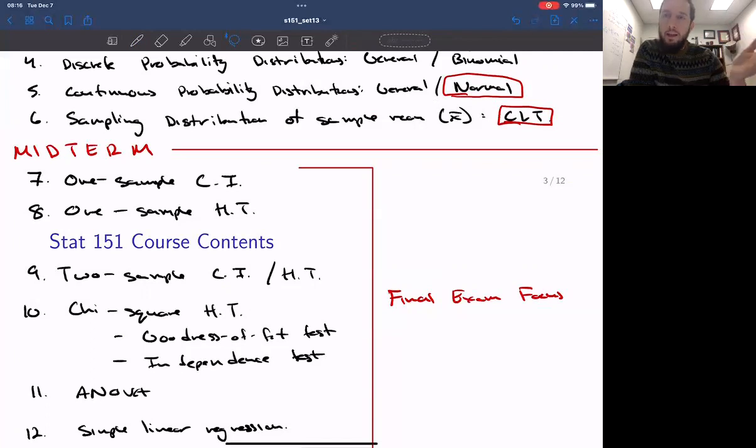So again, the final exam will be weighted towards the second half of the course. It will be focused on testing your understanding of everything from lecture set 7 through lecture set 12. But that does not mean that you can ignore the first part of the course, because if you don't understand the key topics from the first half, you're not going to be able to effectively deal with the types of problems that you're going to see on the final exam.